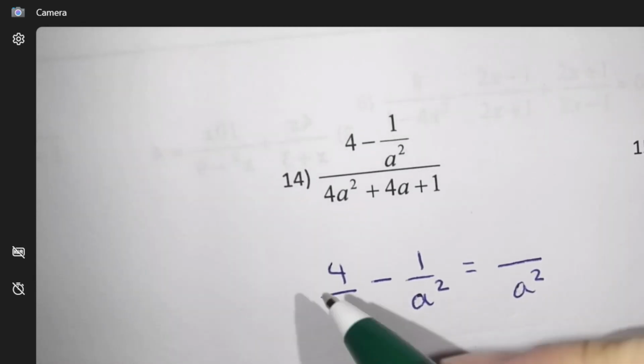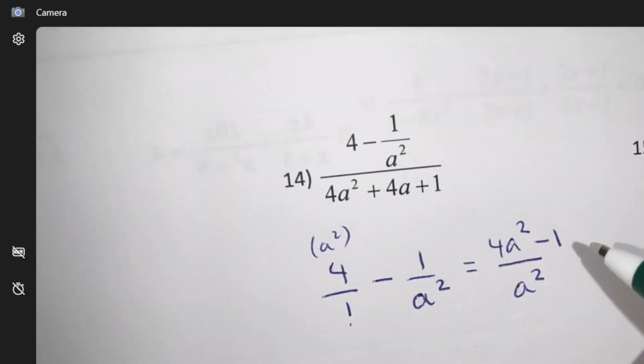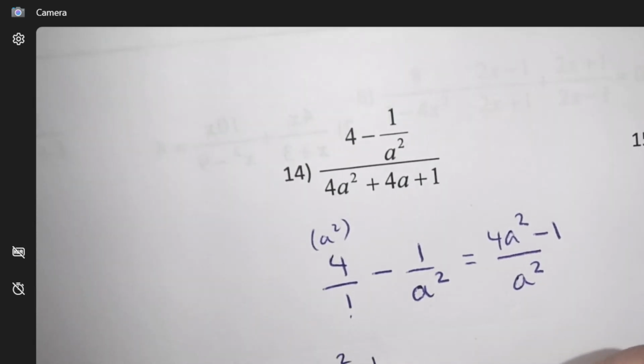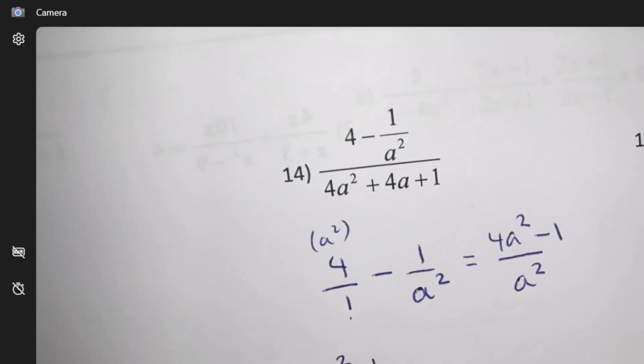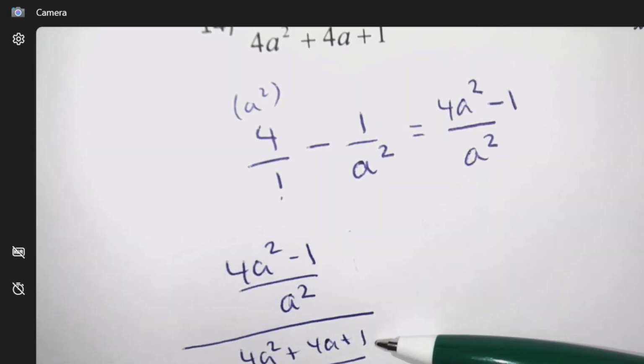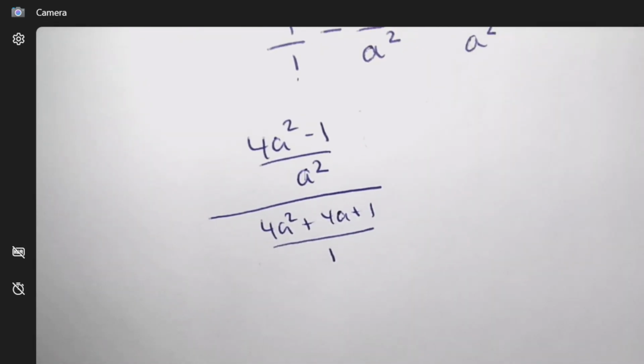So I would have to times this by an a squared, and I would have to do nothing. So we simplified the top, divided by, and then technically you can write that over 1 if you want. Anytime I only see one thing, I write it over 1.